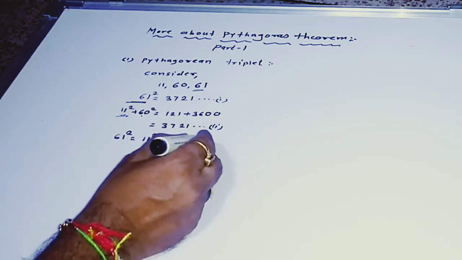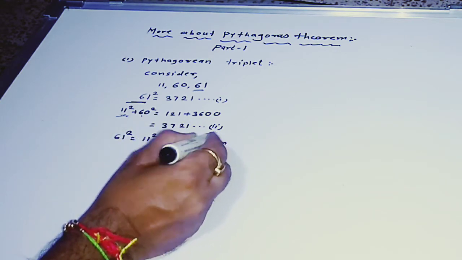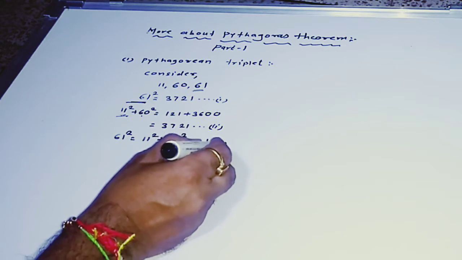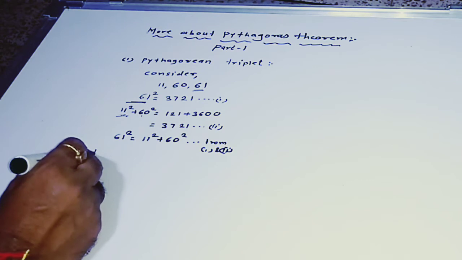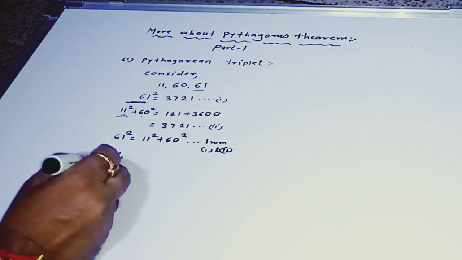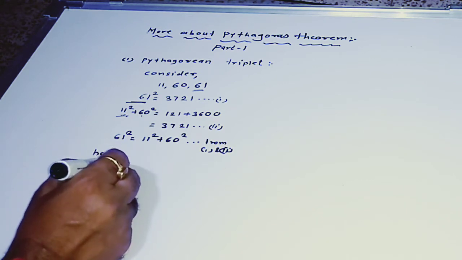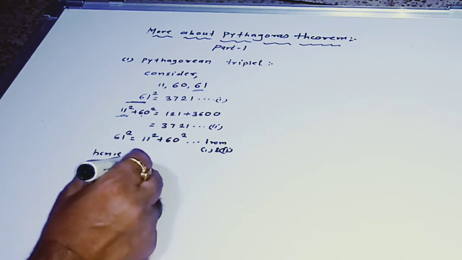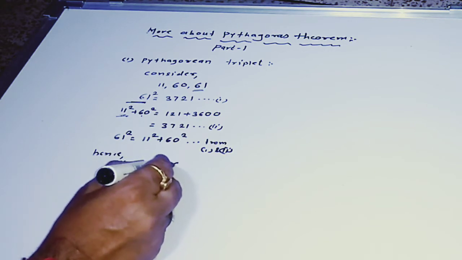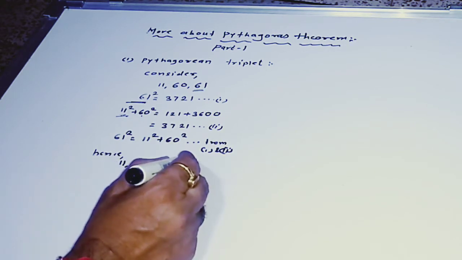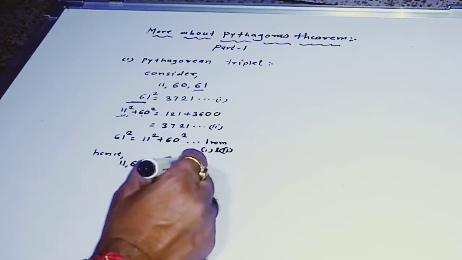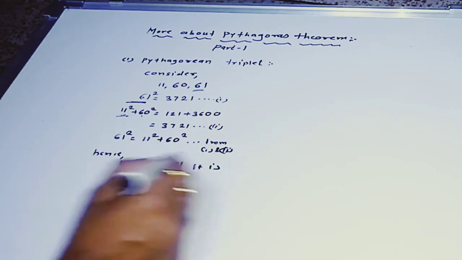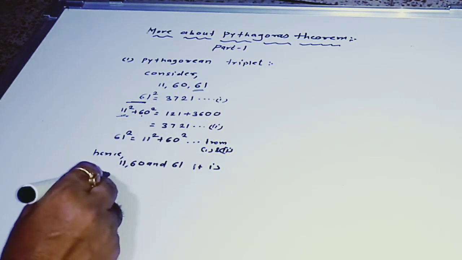So from 1 and 2, hence the group of numbers 11, 60 and 61 is a Pythagorean triplet. It is an example of a Pythagorean triplet.